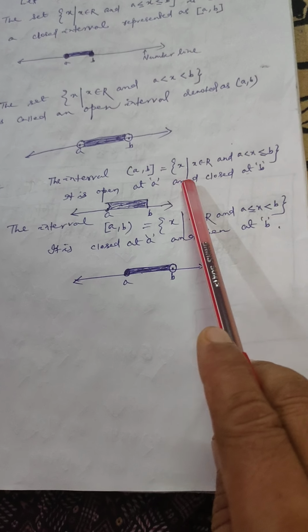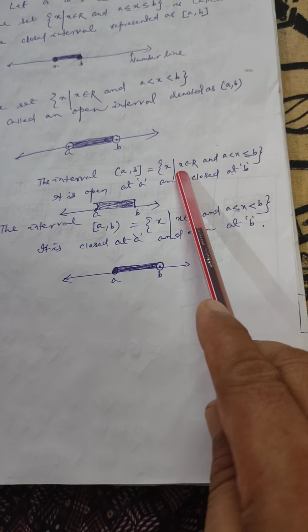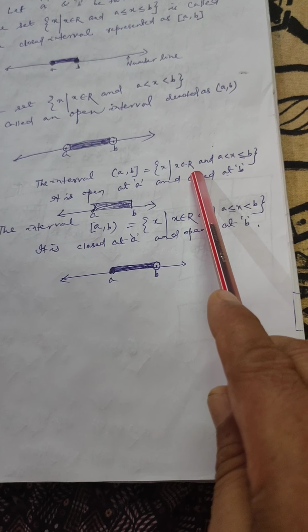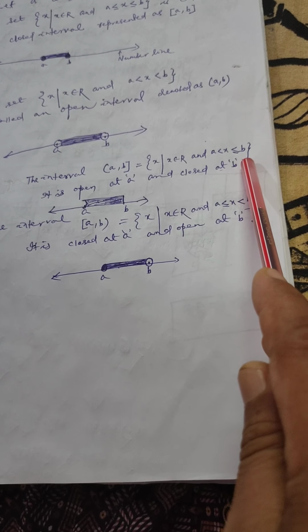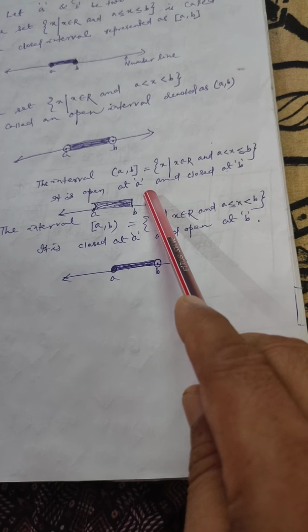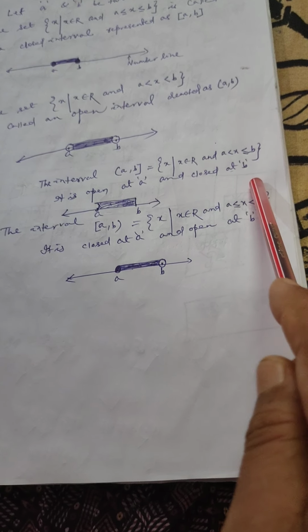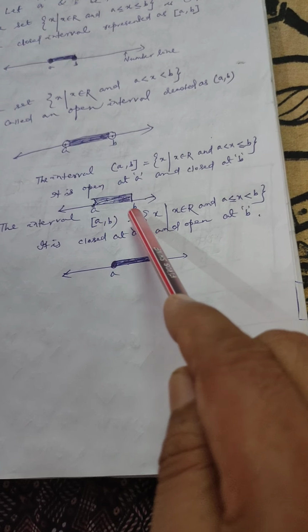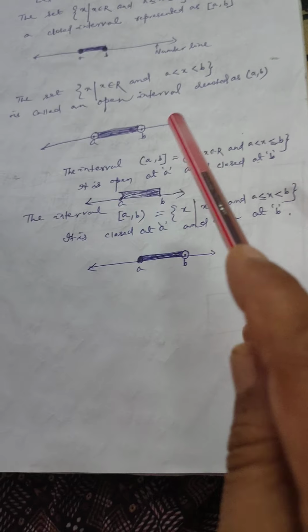The interval which is the set of all x such that x is a real number and a is less than x and x is less than or equal to b, is an interval which is open at a and closed at b. This set is represented on the number line as shown in this diagram.